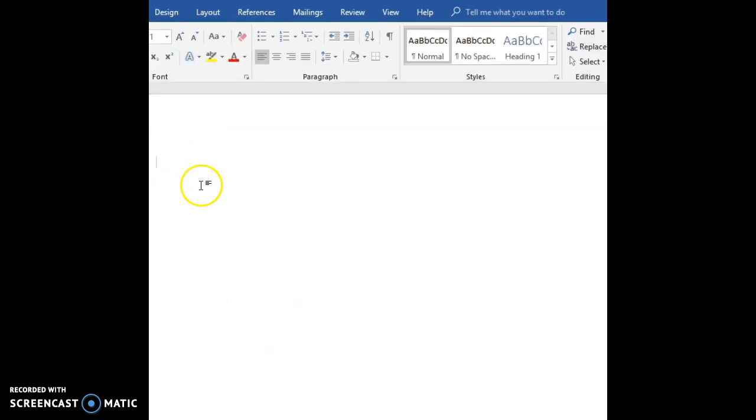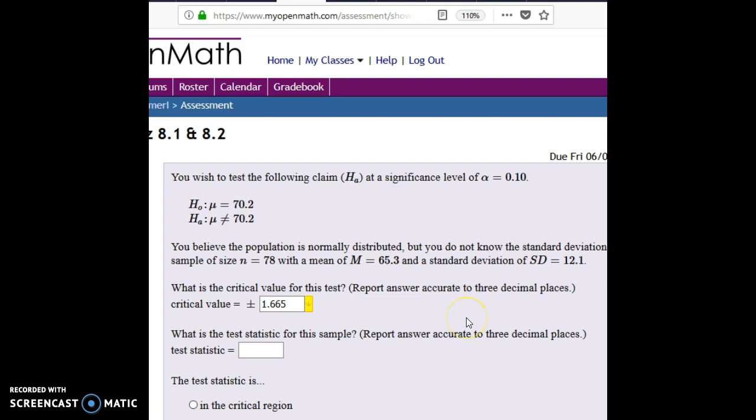All right, so we're going to do, and there we go, x bar minus the mean over the standard deviation divided by the square root of the sample size. So our x bar back in our problem was 65.3, and our population mean was 70.2.